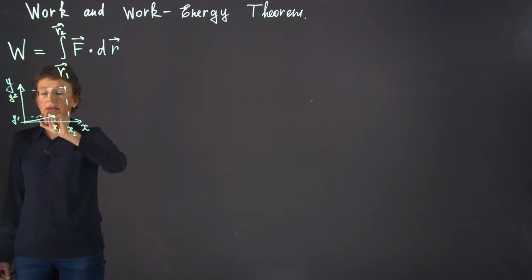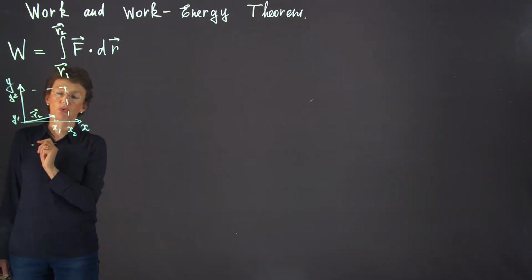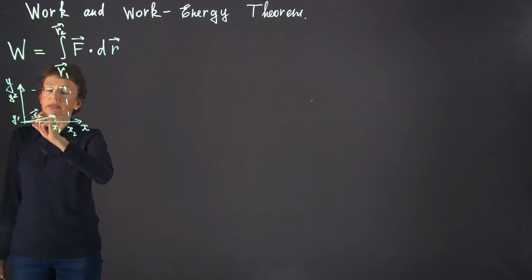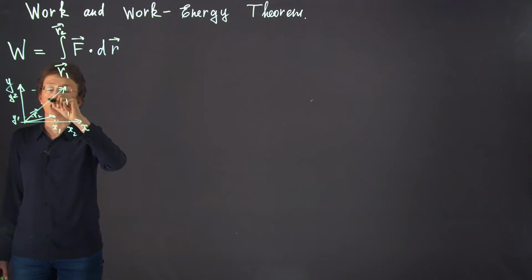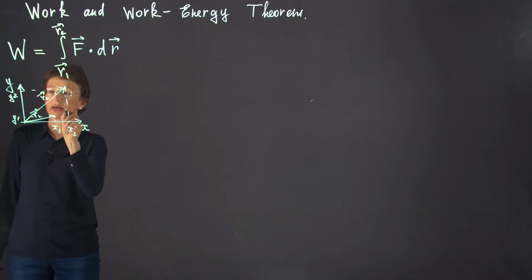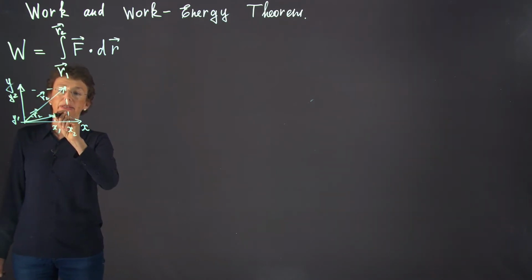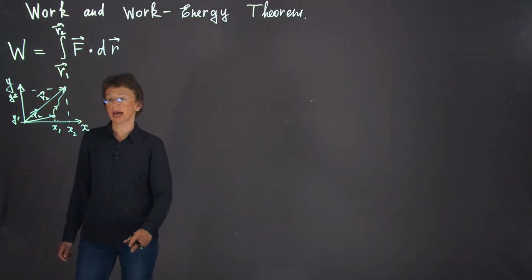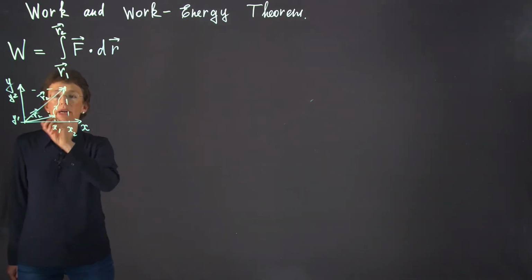This is described by vector r1 from the origin to the point x1, y1. And this one is described by vector r2 from the origin to point x2, y2. And this is the trajectory. The object is moving along this line from point r1 to point r2.